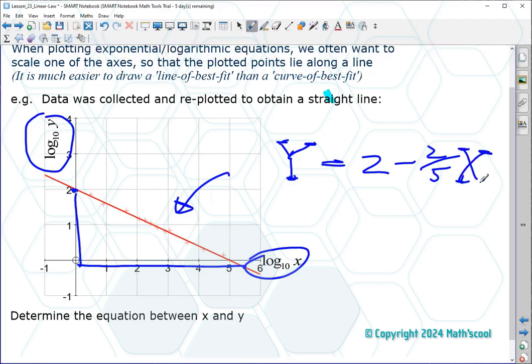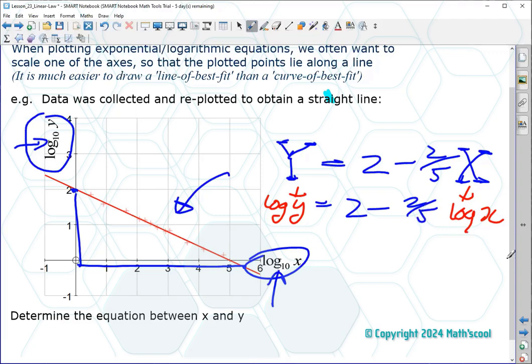So it forms a line, but only when you transform the x and y values. Now, if I undo that by replacing them back again, so y actually stood for log to the base 10 of y, and x actually stood for log to the base 10 of x, then that gives me log y equals 2 minus 2 over 5 log to the base 10 of x.